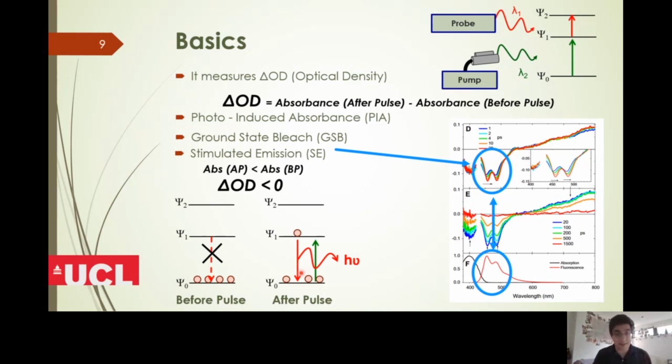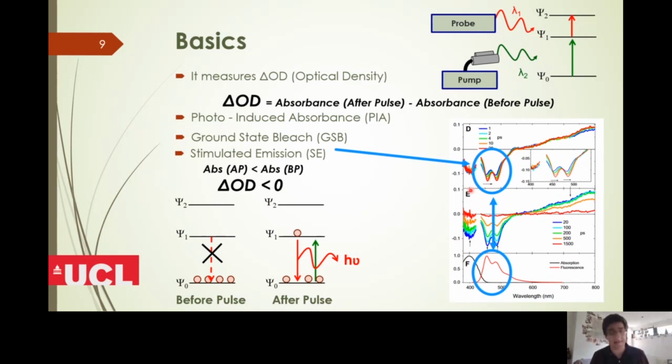This light is going to be recorded by the detector, and the detector doesn't know if it's PL or if it's absorbance, so it's going to detect more light. So for the detector, it will mean that this sample absorbs less after the pump. That's why delta D is negative.